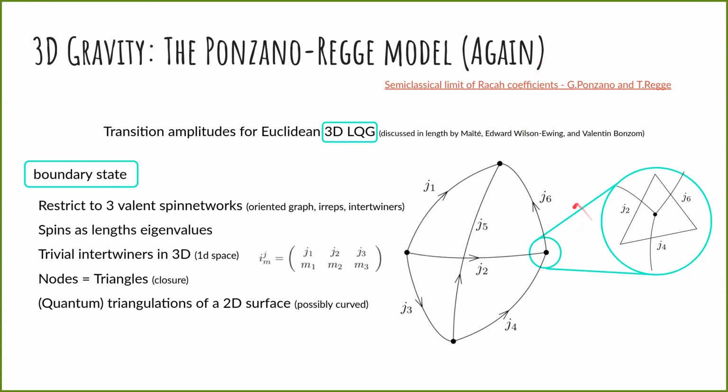So each node, as you see here, you can think of as a triangle where the links are dual to the edges, or the segments, of this triangle. The spins somehow measure the lengths, and the node is the dual of the triangle itself. So you can think of a three-valent spin network as a quantum triangulation of a two-dimensional surface, possibly curved.